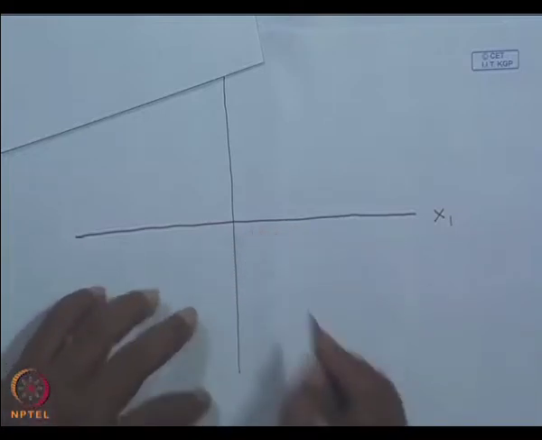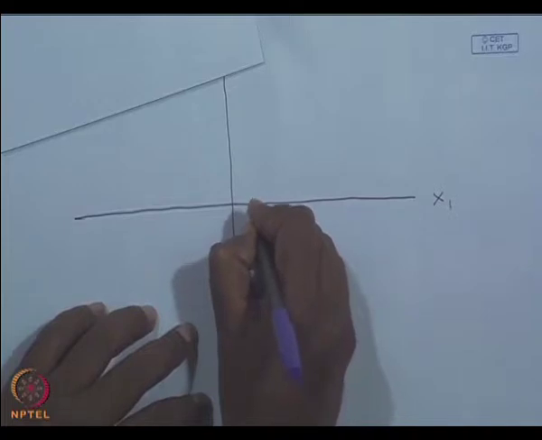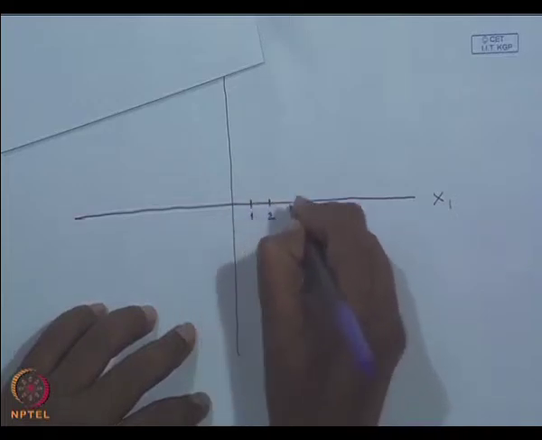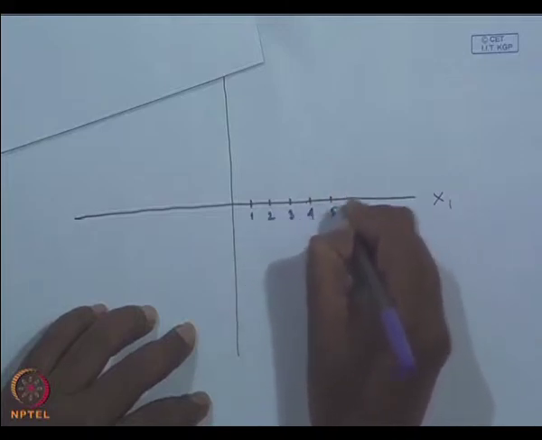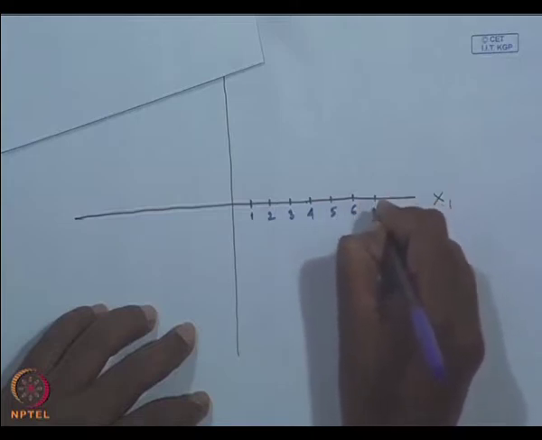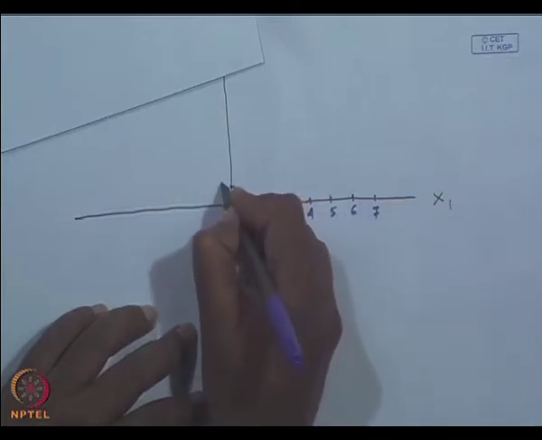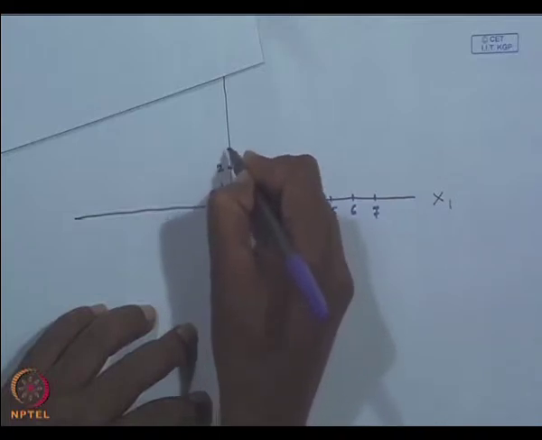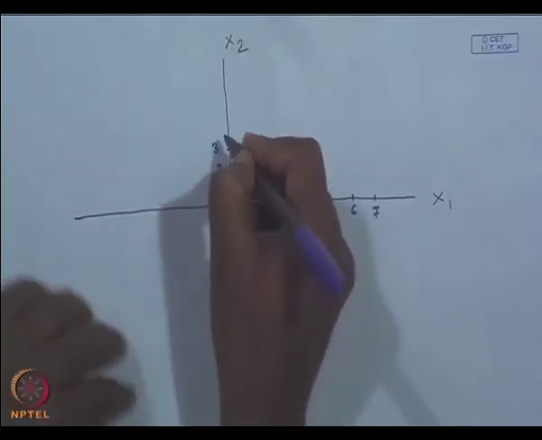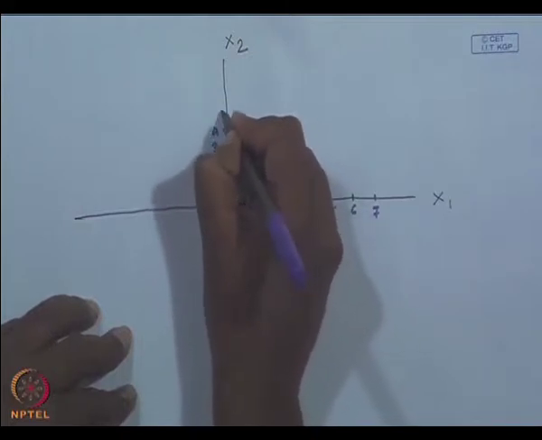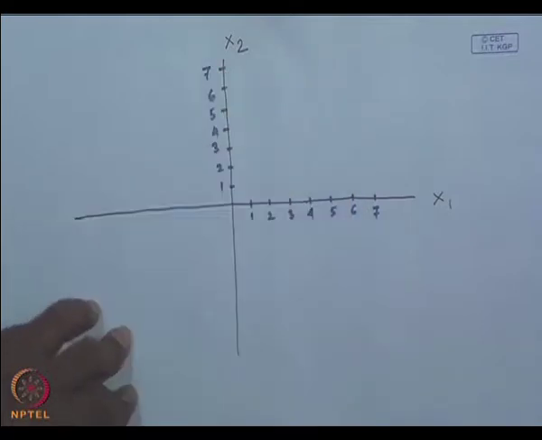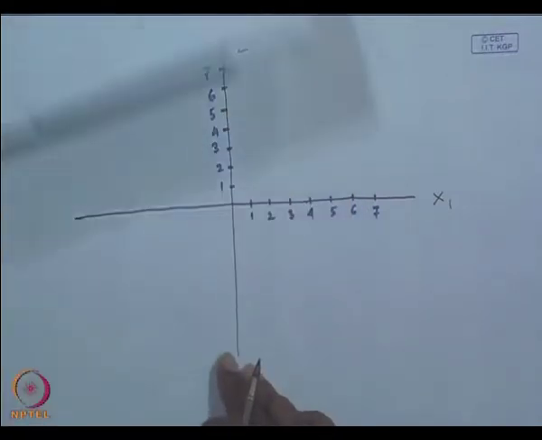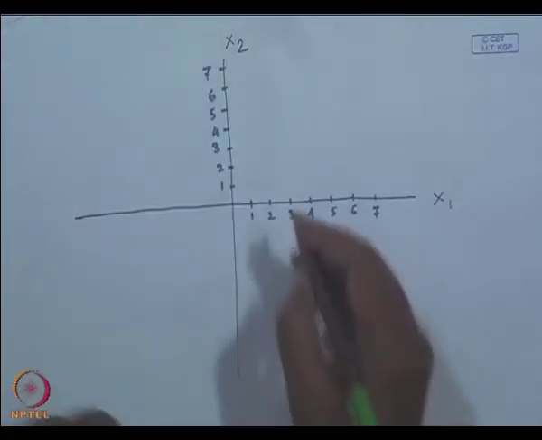Suppose here I have 1, 2, 3, 4, 5, 6, 7, and similarly 1, 2, 3, 4, 5, 6, 7 and so on. So, this g12x, which is 3x1 minus x2, will be somewhere over here.